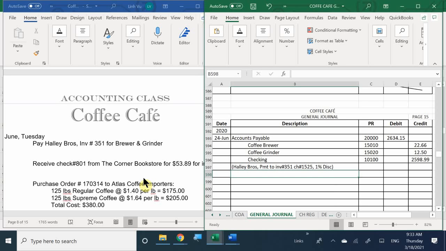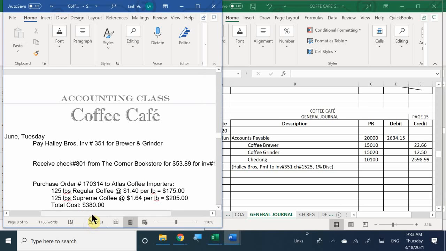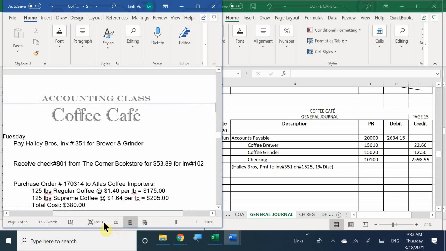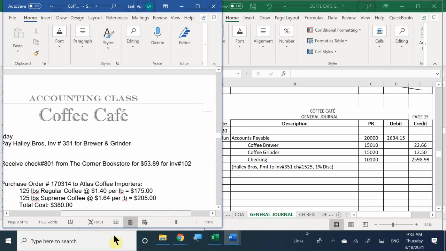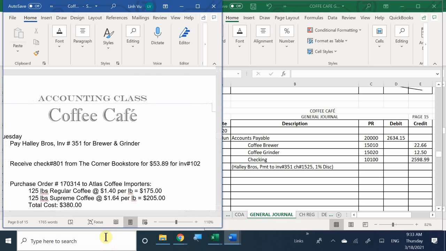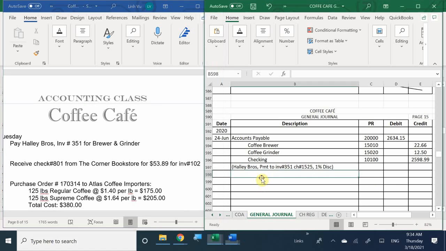So what's next? Now we received the payment, right? Yeah, we got check 801. We've received a check from the corner bookstore for $53.89 for invoice 102. So what do I do here? Debit checking, credit accounts receivable.